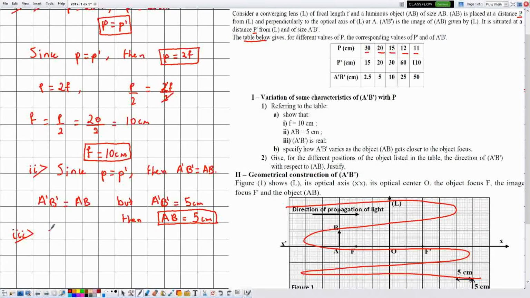Let's write this down. Since the lens L is a converging lens, and the object AB is placed in front of the object focus.